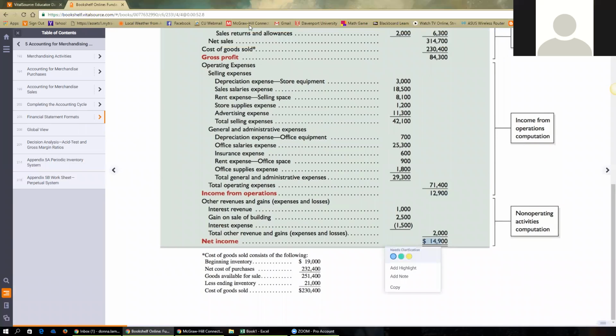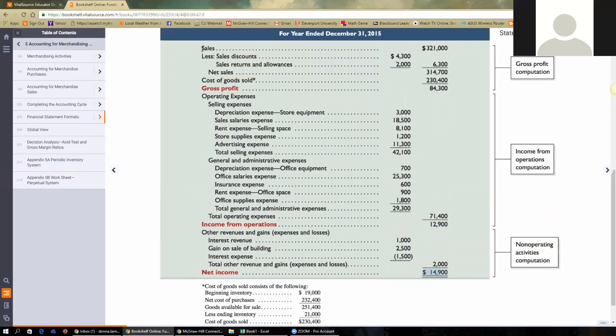The biggest things you need to know are up here. How to get to net sales, how to take away cost of goods sold to get gross profit. Then you take away all the expenses and you get to income from operations, which is generally net income because most companies don't have this. This would just be blank, so the same number would just come down.